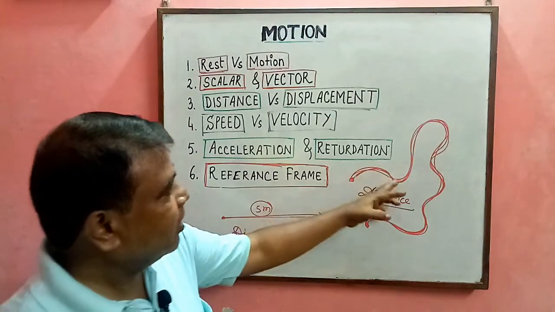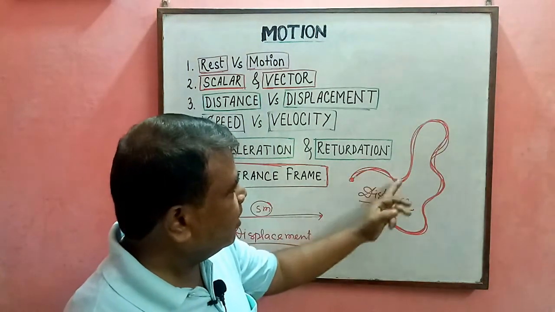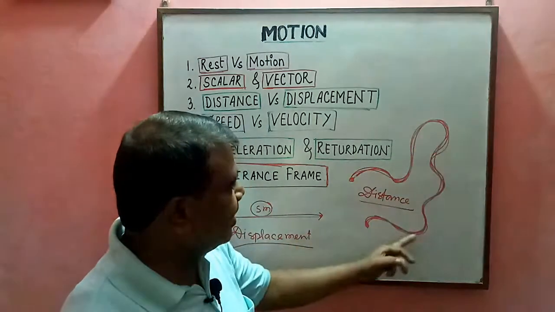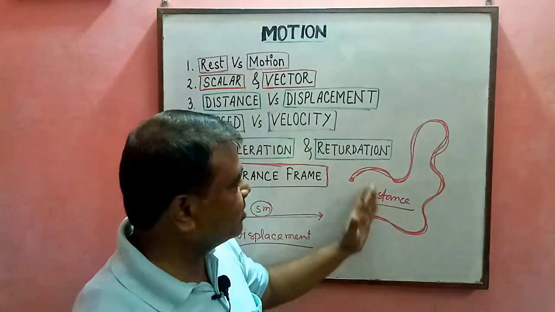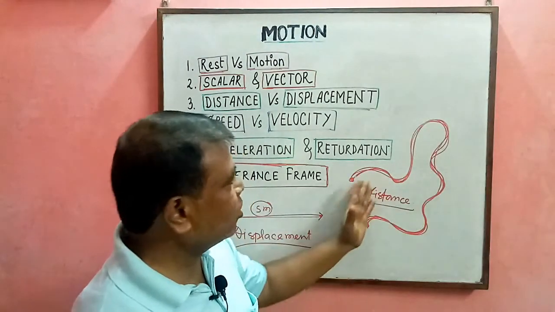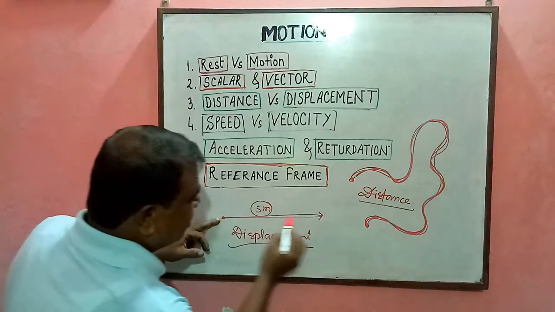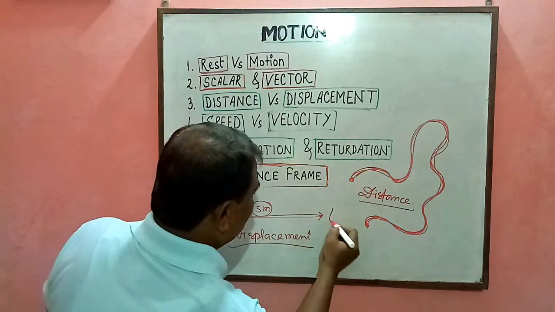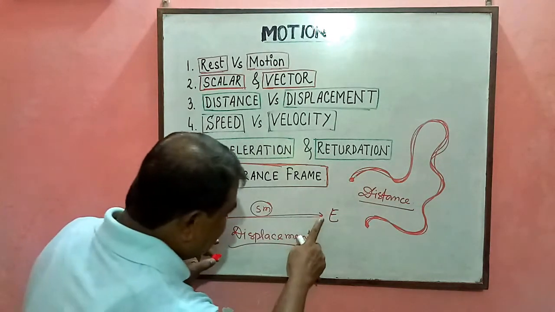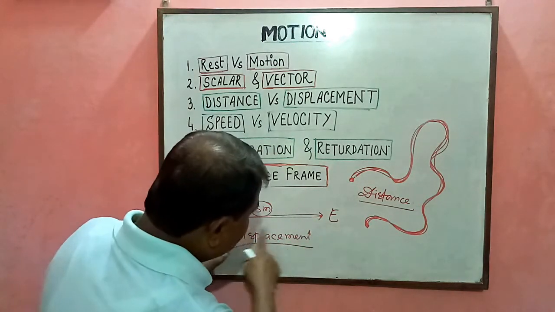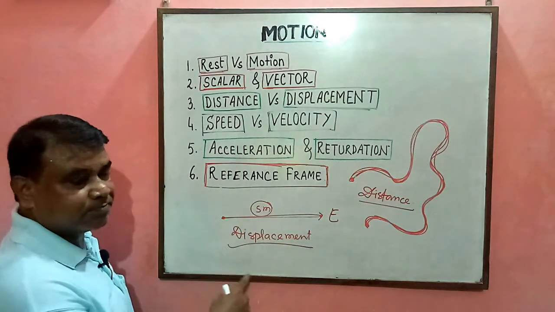Like here, you see, this is not maintaining any direction. So this whole length traced by an ant is your distance. Whereas if an ant moves from here towards east, 5 meters, since it is in a particular direction, this is your displacement.